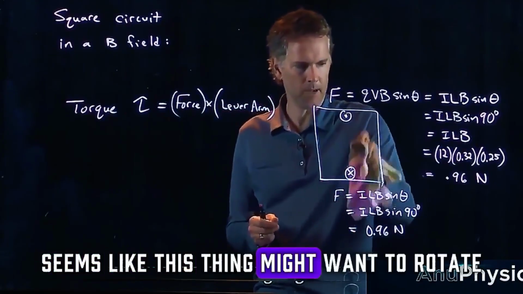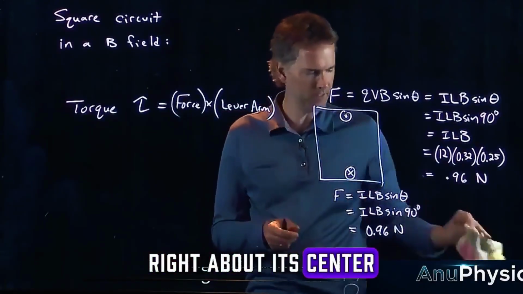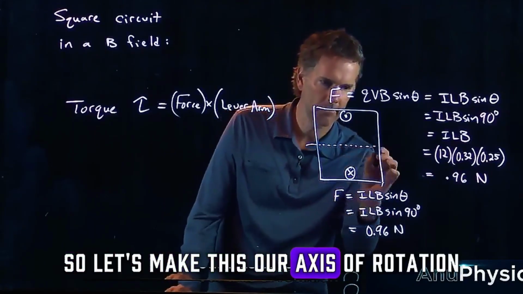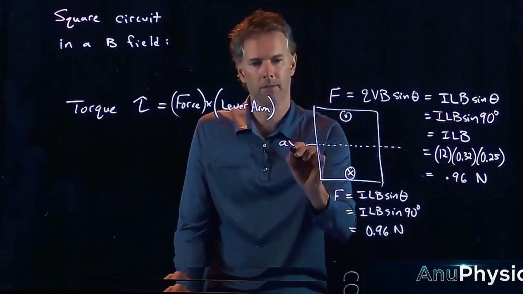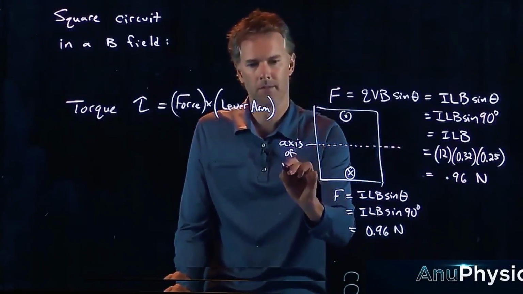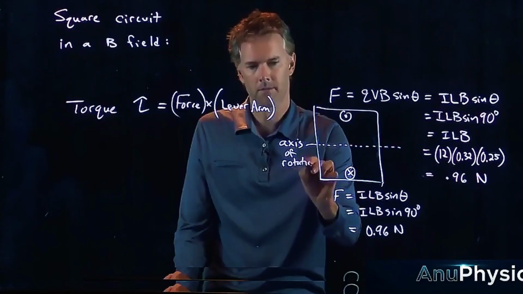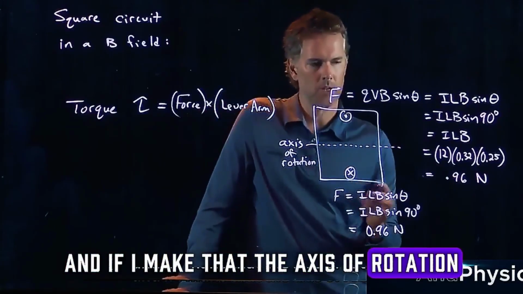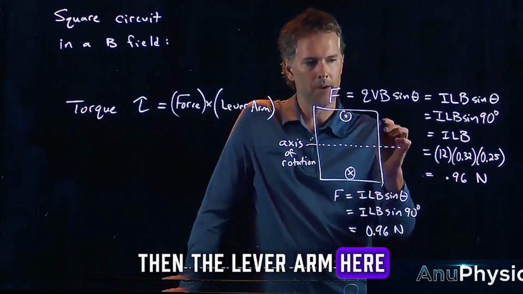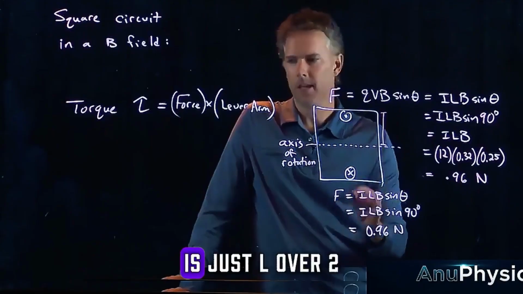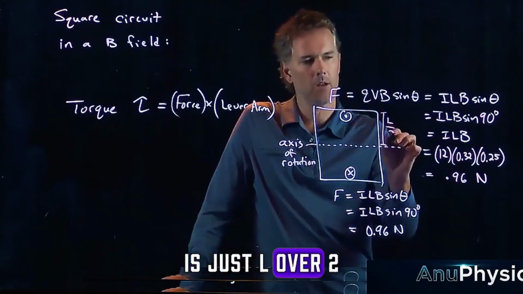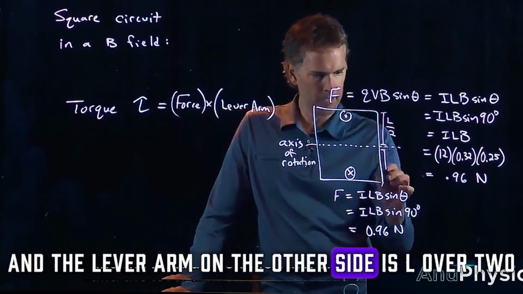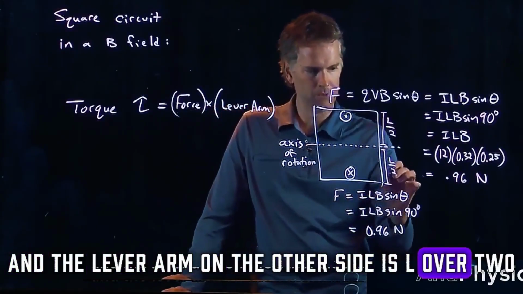Seems like this thing might want to rotate right about its center. So let's make this our axis of rotation. And if I make that the axis of rotation, then the lever arm here is just L over 2. And the lever arm on the other side is L over 2.